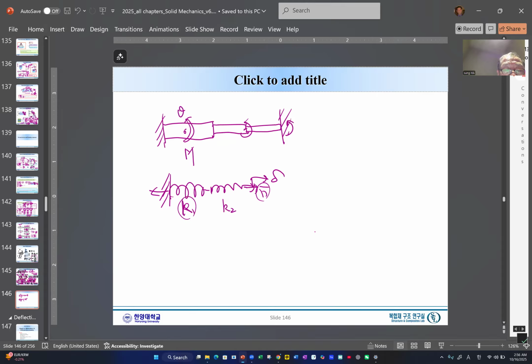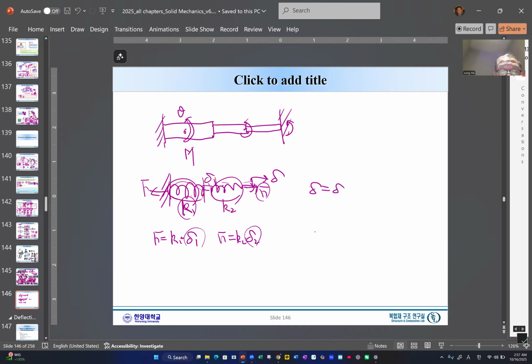So this is all the same F. So F equals K1 delta 1, and this F will be K2 delta 2. What does it mean? Delta 1 is the deformation of this spring, and delta 2 is the deformation of this spring with respect to this point. So actually the delta will simply be delta 1, which expands this one, and then plus delta 2, which expands this one.